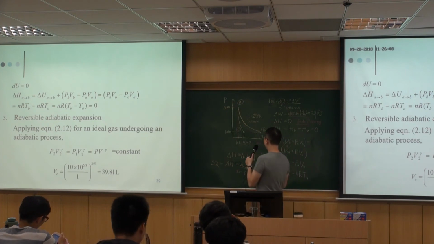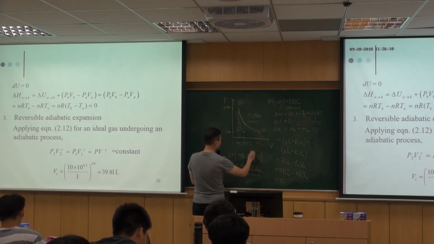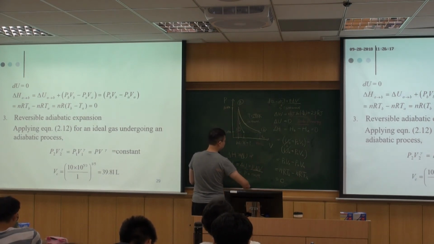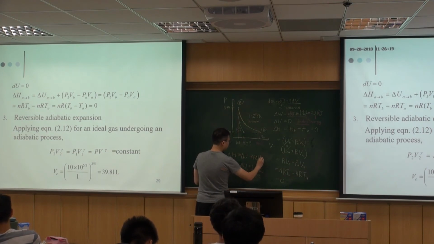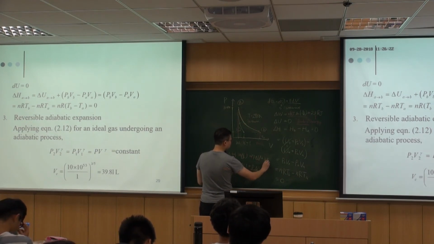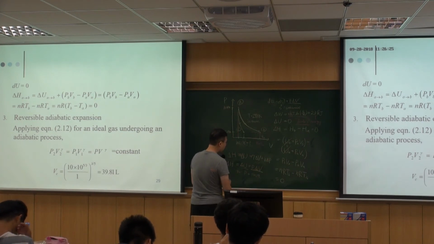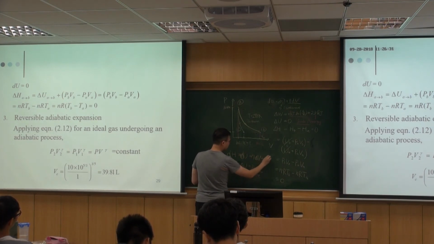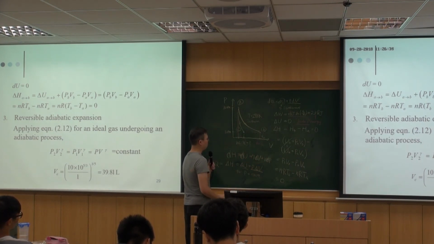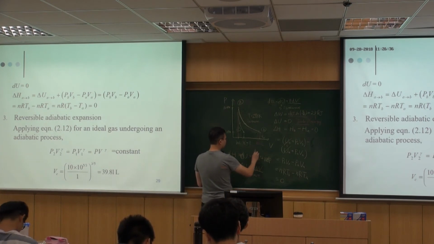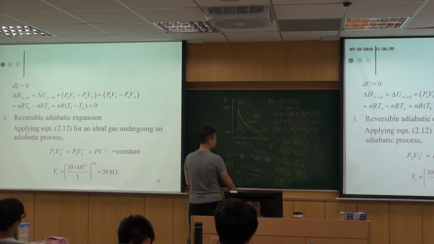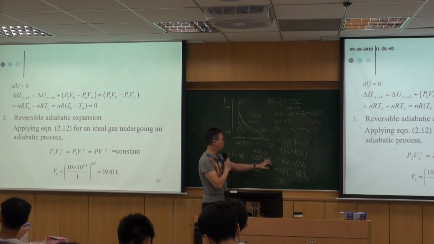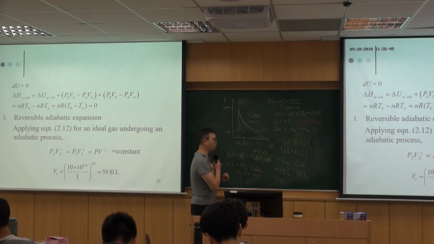If we want to expand this, it becomes P delta V plus V delta P, I mean, if it's a small d. Sorry, but the best way is to just look at delta P times V. And if you're dealing with constant pressure, of course, this term will be 0, right? So you will end up with what we had before.